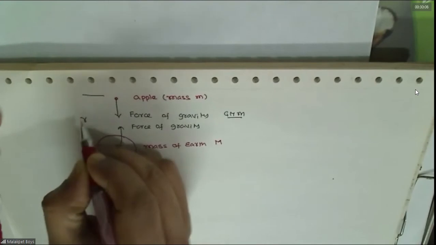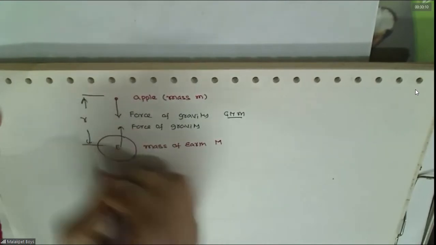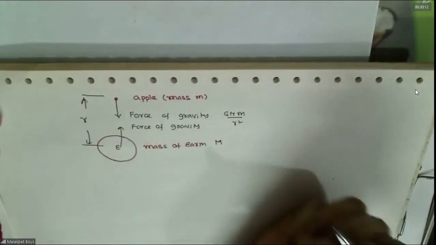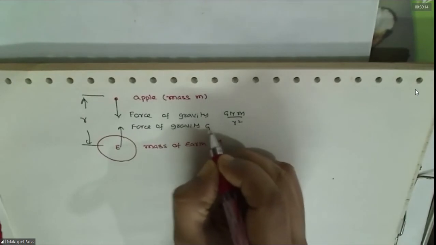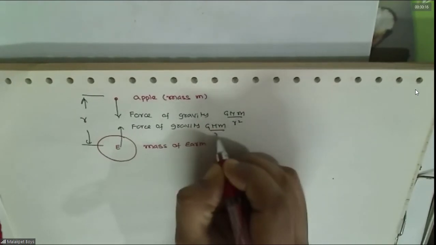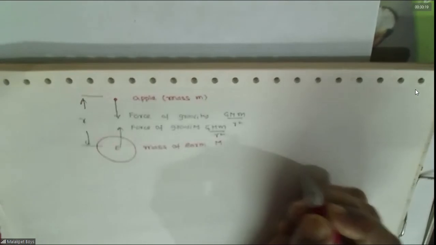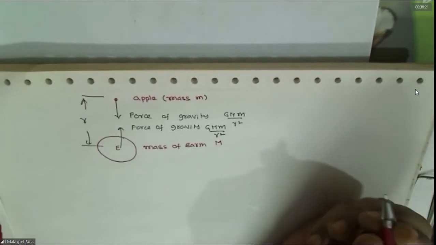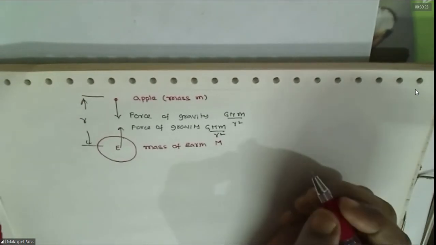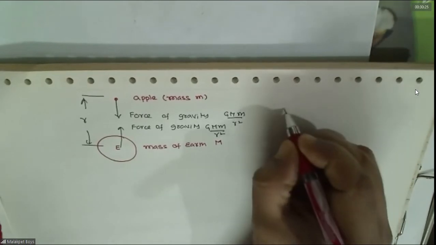Newton's law of gravitation, remember that? This is also the same force, no? Two objects are separated, that's the gravitational force. Now you can see on both, what is the acceleration of the apple?